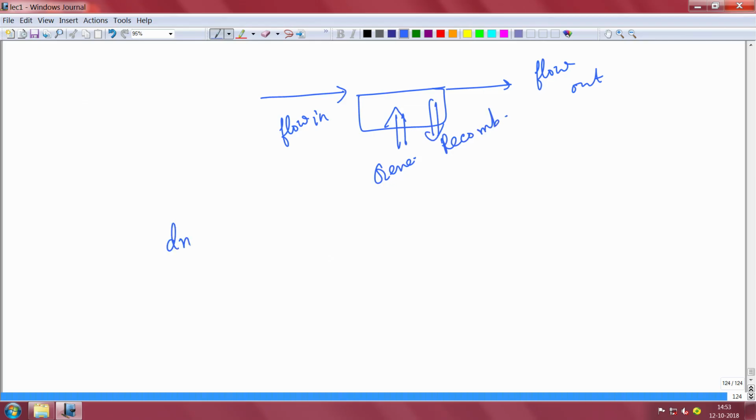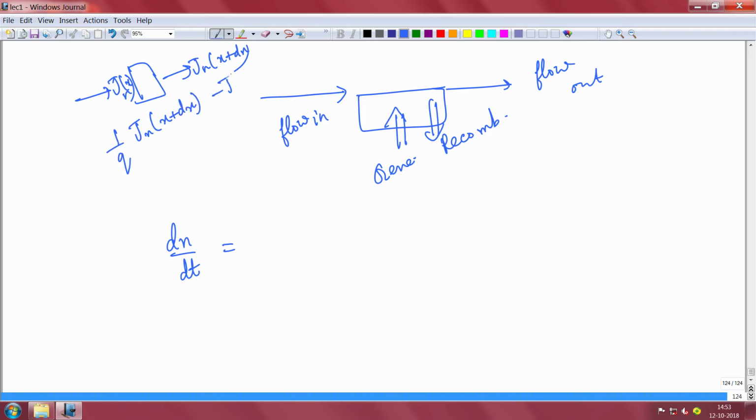So, dn by dt is equal to, if the current flowing in is Jn of x and the current flowing out is Jn of x plus dx, then the rate of particle flow is given by 1 by q times Jn of x plus dx minus Jn of x, which can be written as 1 by q dJn by dx times delta x.